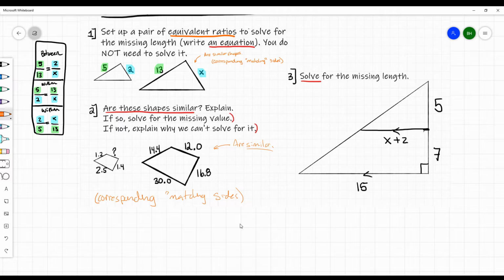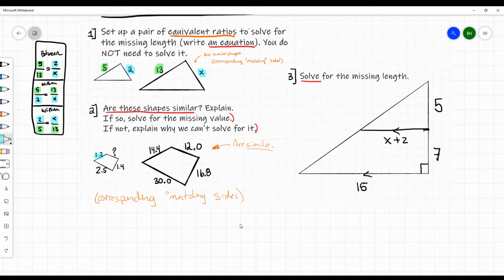And this is something we're going to be transitioning into next week. How do we actually voice this and make sure that we are sure that they are in fact similar? With this, they're going to be the same orientation, which is great, but the way to prove that they're similar is that the sides need to be actually proportional. And so we'll talk more about that a little bit this week, and we'll keep talking about it maybe a little bit right now. Okay, so let's first find the corresponding matching sides.